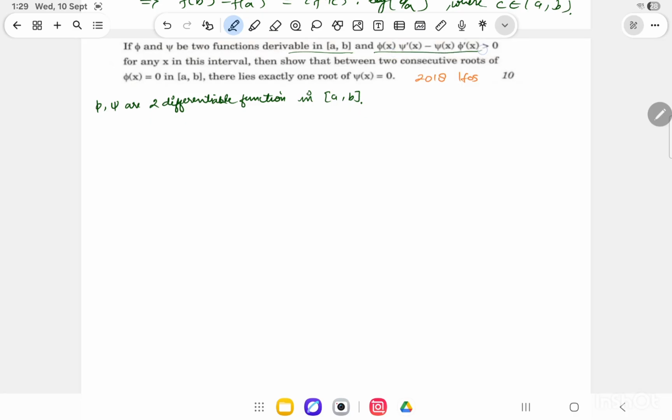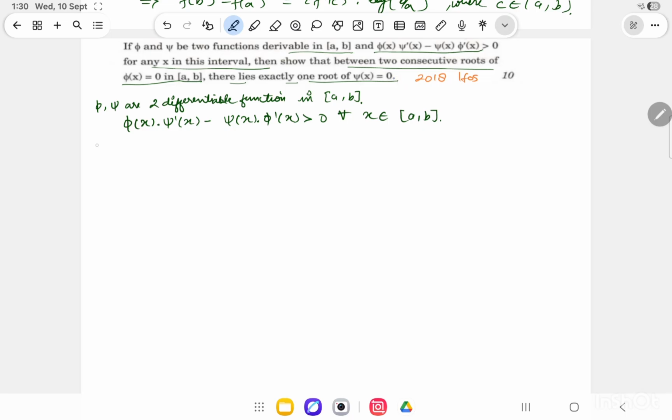Also it gives that phi x into the derivative of psi x minus psi x into the derivative of phi x is greater than 0 for all x belonging to the closed interval [a, b]. Then we are supposed to show that between two consecutive roots of phi x in (a, b), there lies exactly 1 root of psi x.